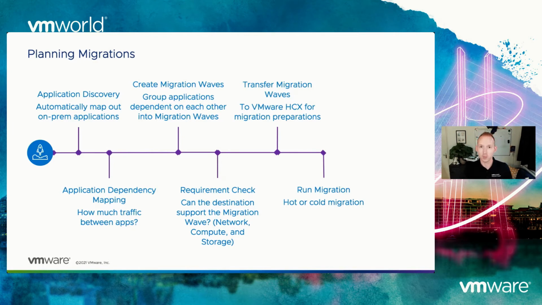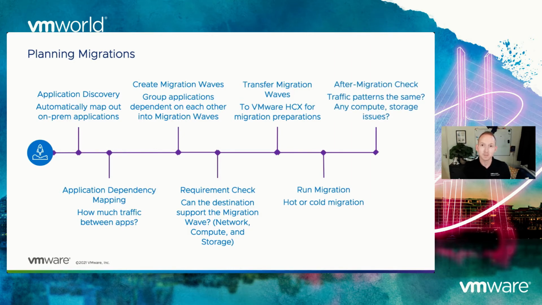There are a couple of requirements that you would need, and the length of the migration is also different between those options. So look into those options. If you cannot afford any downtime at all, go for that hot migration, but make sure that you know and understand how long that will take. And ACX also has a prediction algorithm baked in, so you can actually predict how long a specific mobility group would take to migrate.